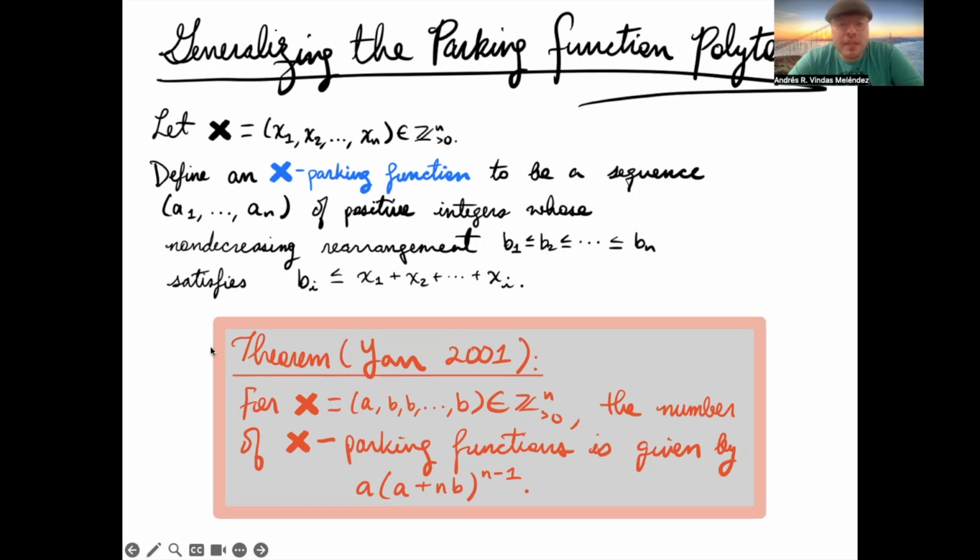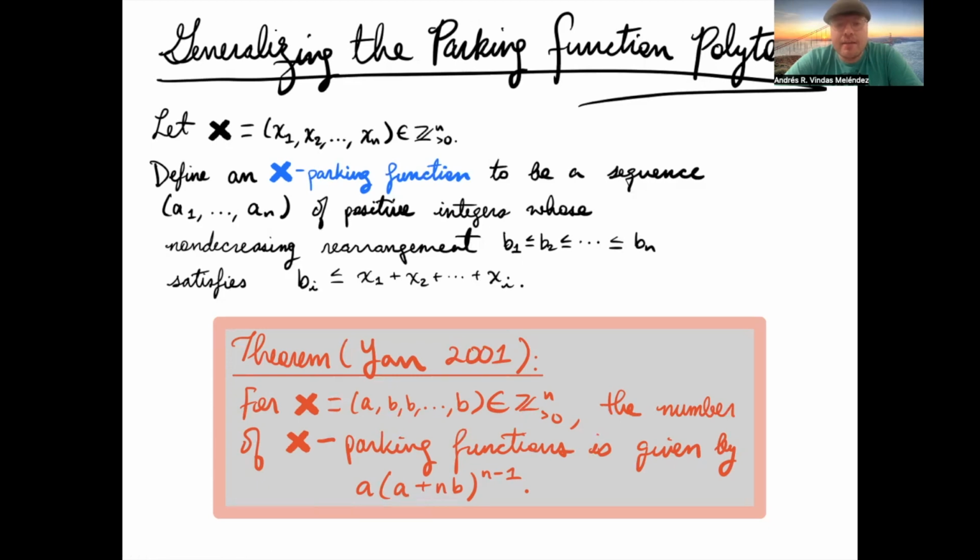So in 2001, Catherine Yan, which can also be credited to Pitman and Stanley, showed that for x in the special case where we have a first entry a, and then the rest of the entries are b, b, b, b, b, all the same entries, the number of x parking functions for that particular x is given by a times (a plus nb) to the n minus 1.